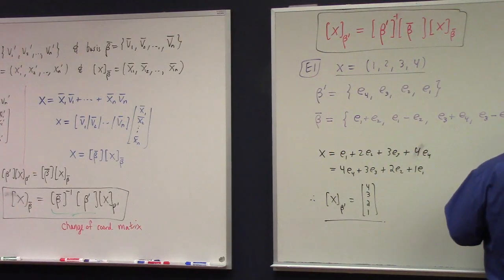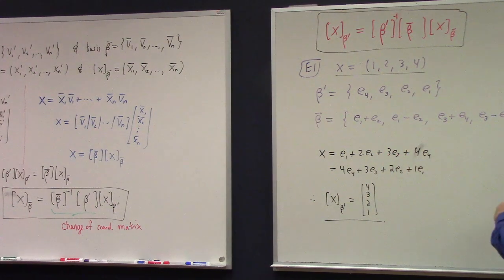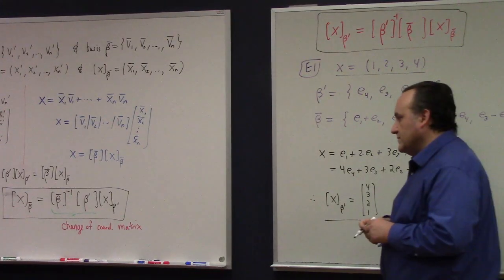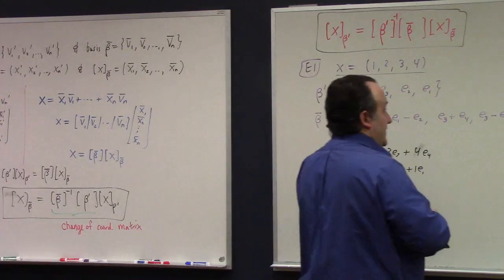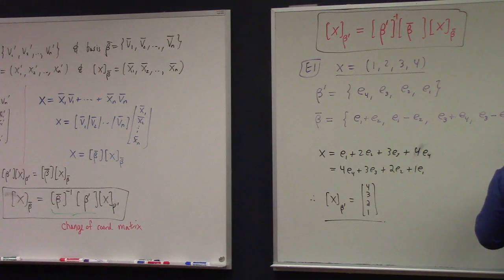Okay, so here we go. X beta bar, according to that over there, we take the beta bar matrix, we invert that, we multiply by the beta prime matrix, and we multiply by, of course, the coordinate vector of x with respect to the beta prime coordinates. That's the rule. The question then is, can we do that inverse? So let's write it out. We've got 1, 1, 0, 0, 1, minus 1, 0, 0, 0, 0, 1, 1, 0, 0, 1, minus 1, like so.